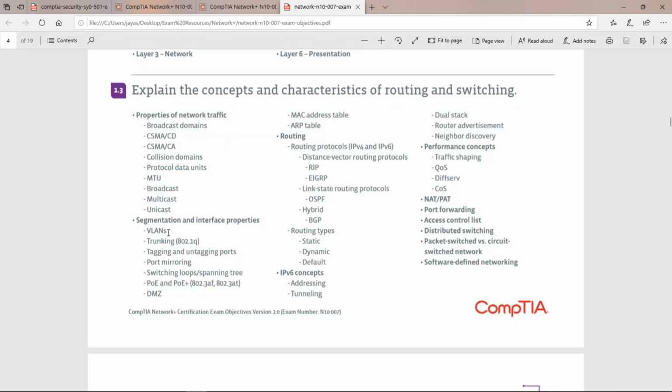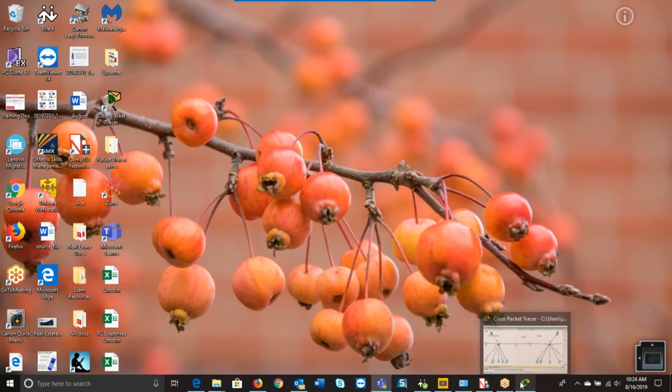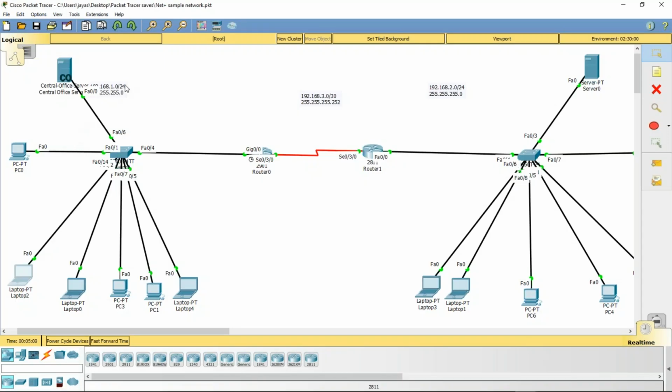Let's see what else. VLANs. It's kind of the same concept. So let me come back here real quick. In essence, this network, just by looking at it, is this separated or created physically or logically?